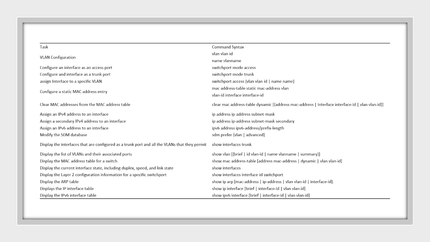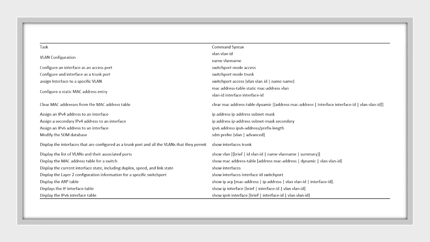And the final one, this is a task, and this is the command syntax for it. I'll try to copy and paste it in the description, and if I'm able to, I'll give it to you so that it will be helpful for you to practice.